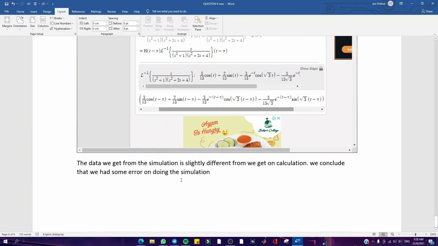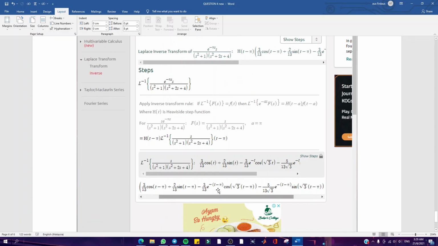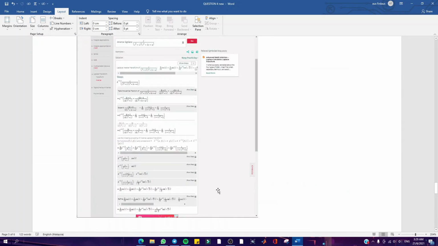The data that we get from simulation is slightly different from what we get in the calculation. We conclude that we had some error in doing the simulation because from the simulation that we have done, there is some difference from our calculation.